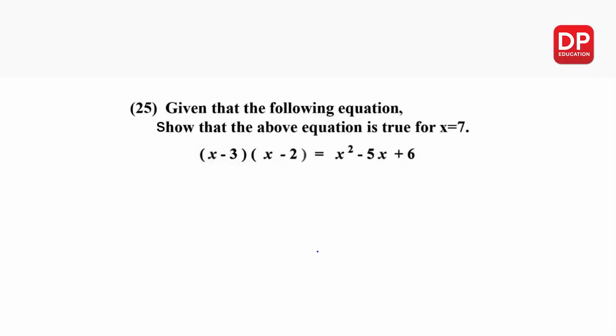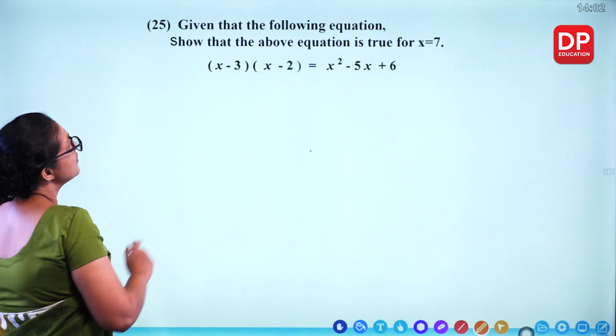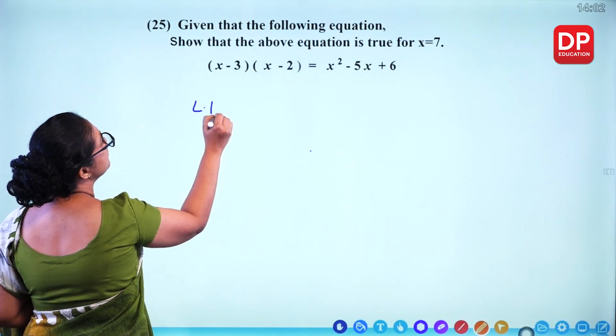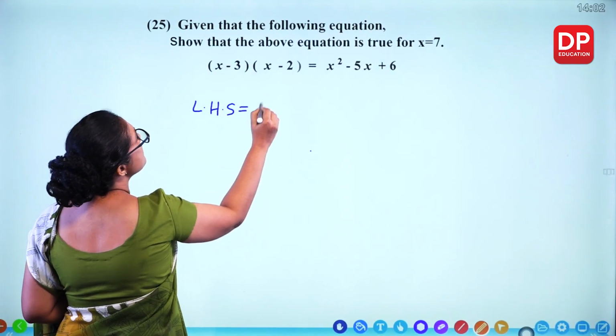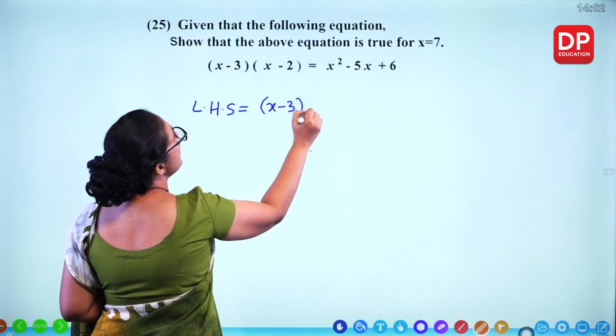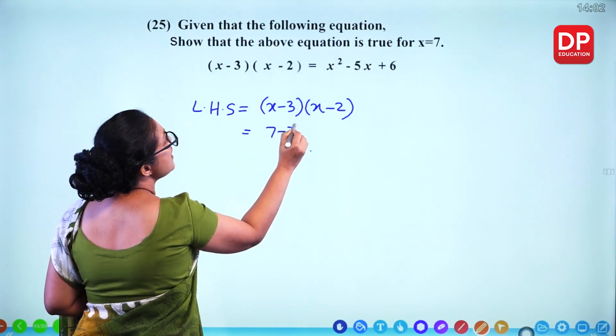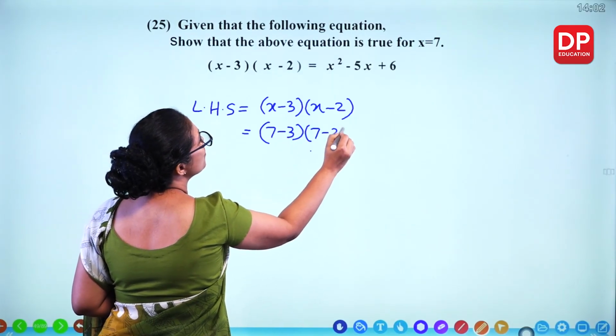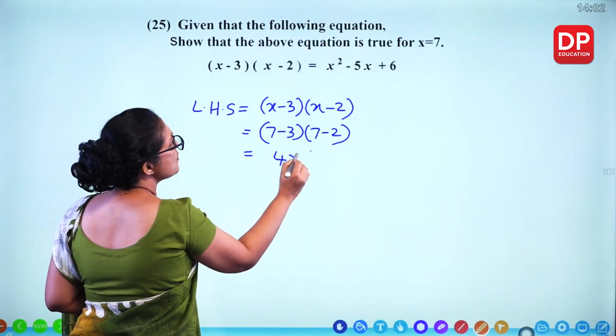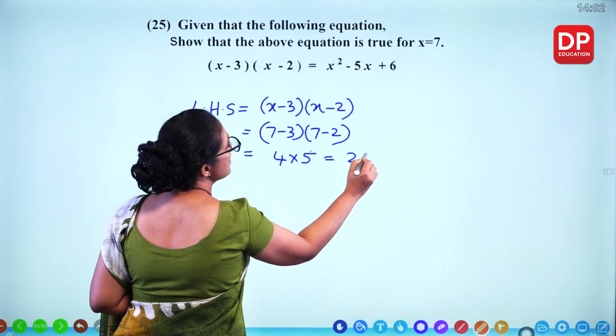Given the following equation, show that the above equation is true for x equals 7. So take the left hand side and substitute x equals 7. 7 minus 3, 7 minus 2. 4 times 5, 20.